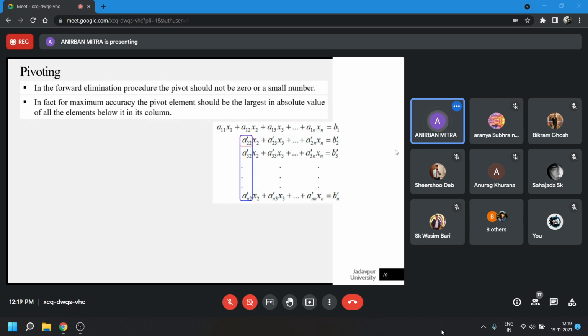So what is the pivot element? Pivot element is a22 dash. If this is not zero, or if this is not too small, then there is no problem. In fact, the best result is obtained if this a22 is maximum out of all these other coefficients. If a22 is the largest, then we obtain the best accuracy.